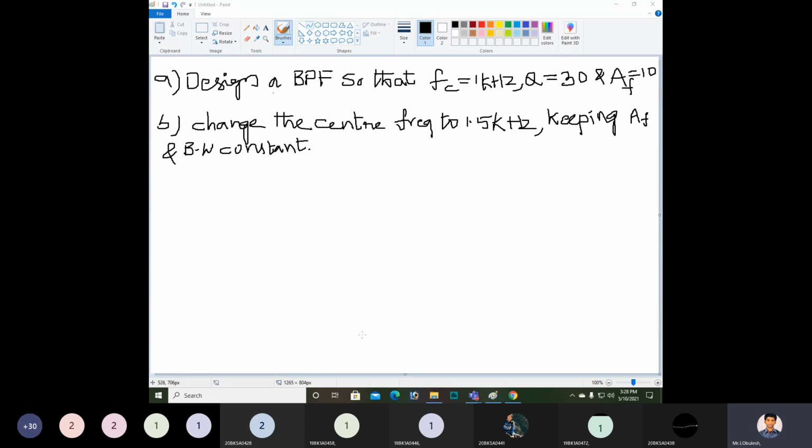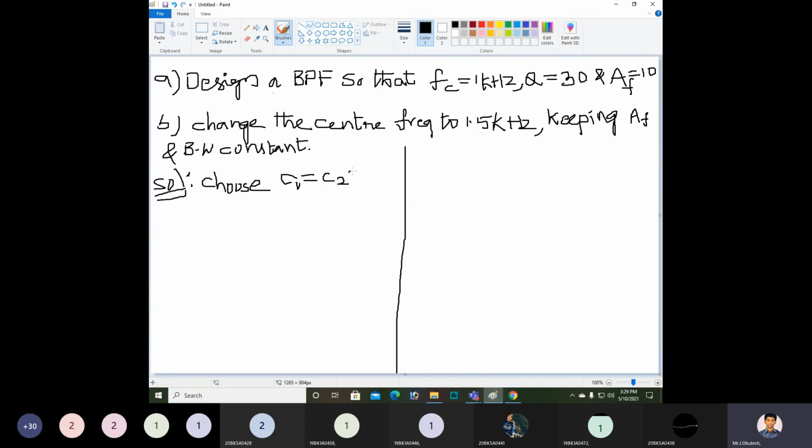So in this problem, let us assume, you need to choose the solution. First choose C1 and C2.